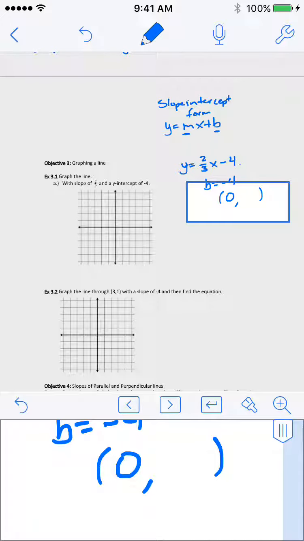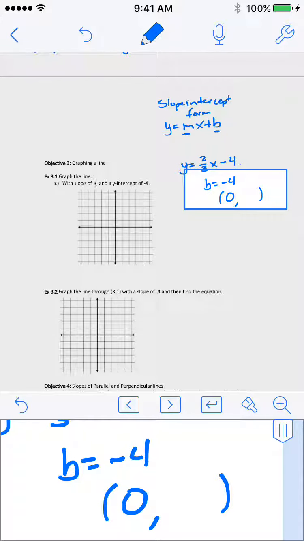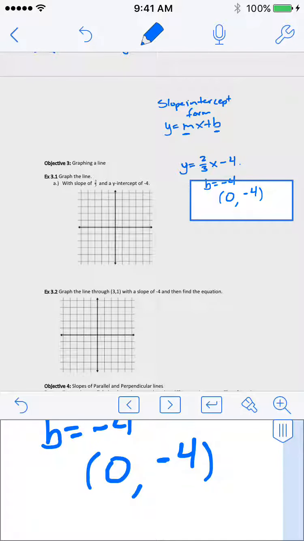And we've been talking about this a few times now. x must be 0, if it's a y-intercept, at some point on the graph. So we know x must be 0. Therefore, if x must be 0 and b is -4, then b must be talking about our y value. So our -4 is the y value, and our whole point is (0, -4).